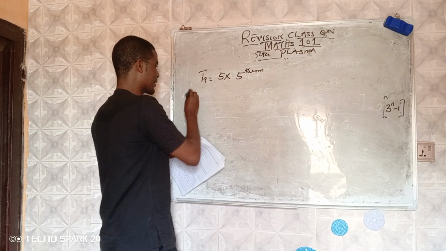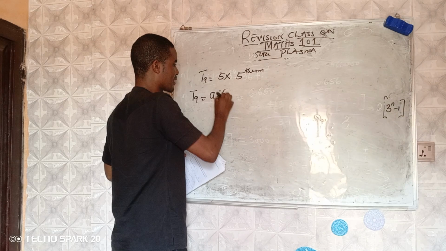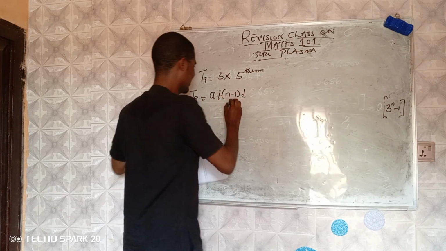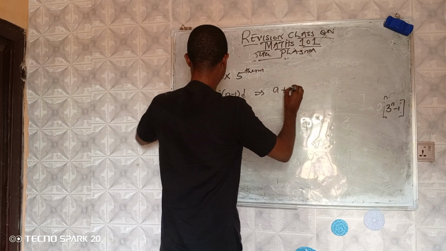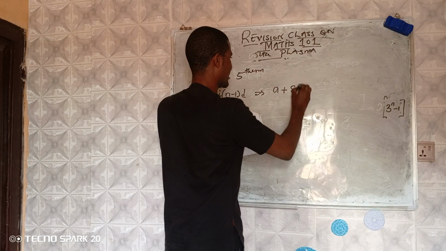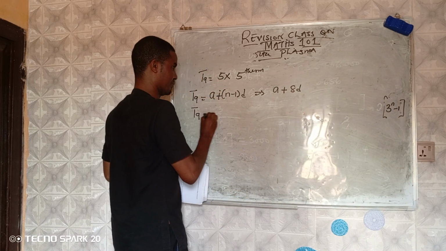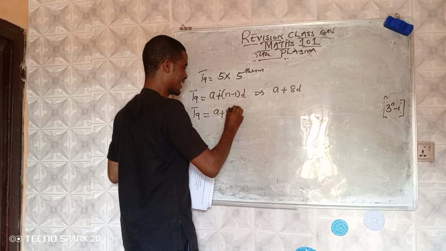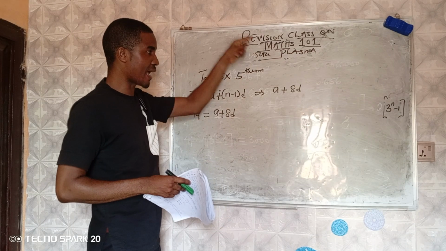The ninth term, let's see. Remember, T9 is equal to A plus n minus 1 D, which will give me A plus 9 minus 1, which is 8D. So T9 becomes A plus 8D. Now I want to get the fifth term.